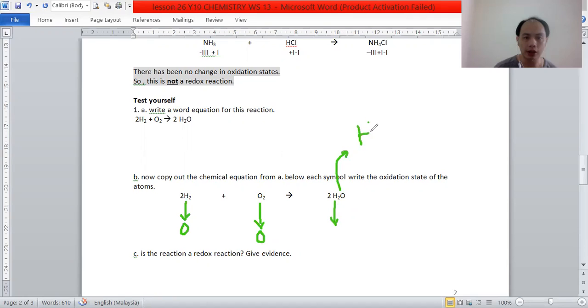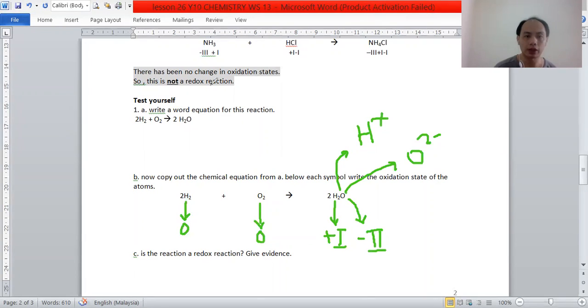In ionic form, H is H plus. Then oxygen is O2 minus, receiving 2 electrons. So H now is plus 1. O now is negative 2.